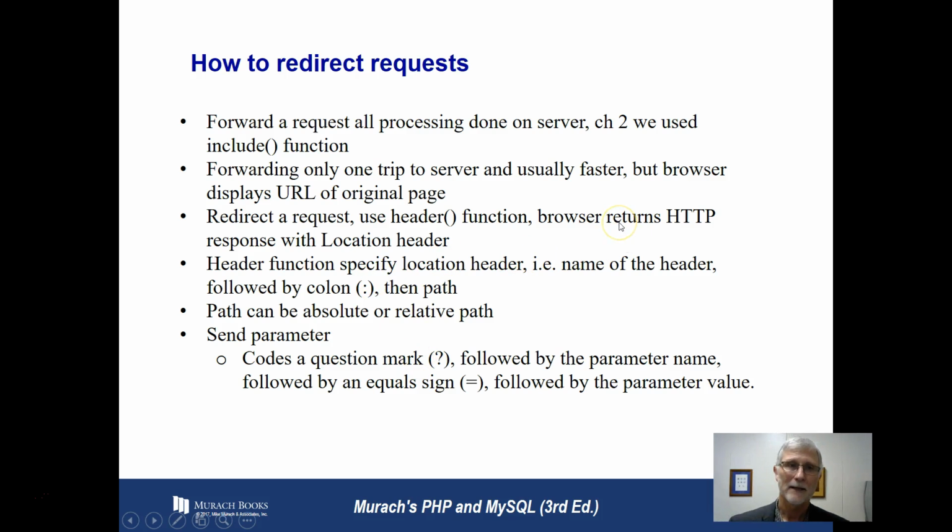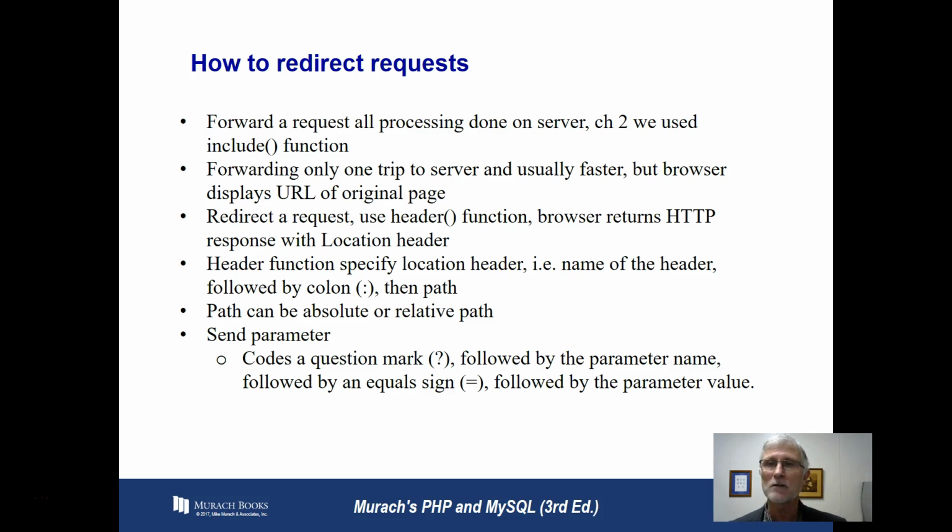So now when I'm thinking about controlling my program, how can I redirect my requests, my calls? In chapter 2 we used the include function to call, but you can use forwarding only allows maybe one trip to the server. But guess what?